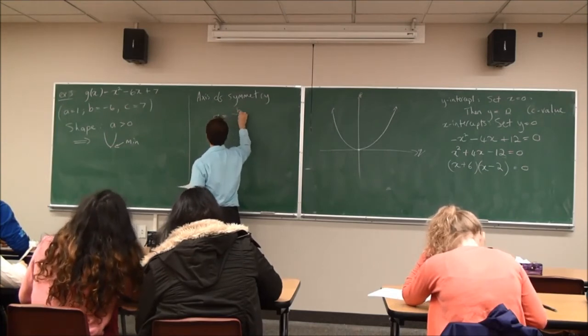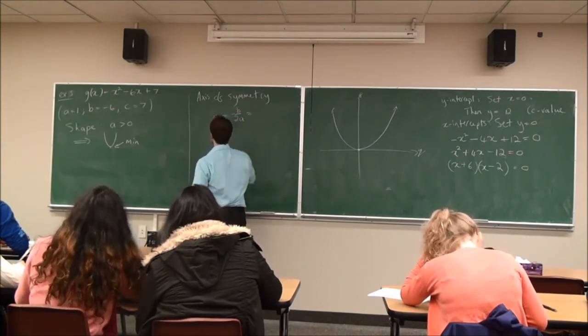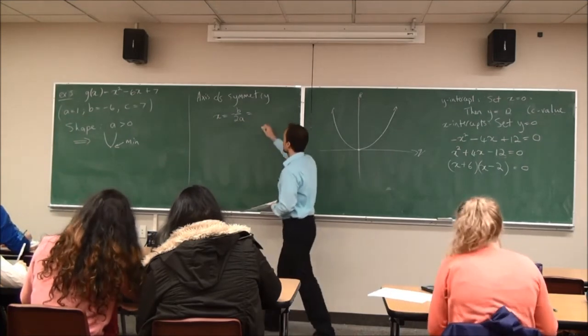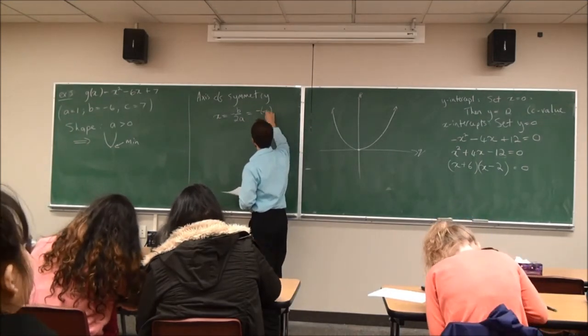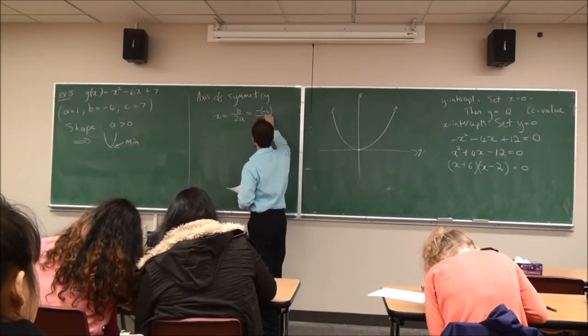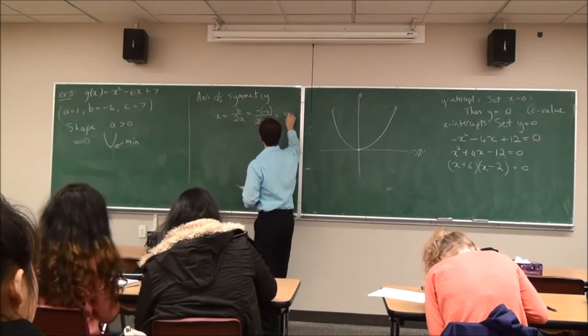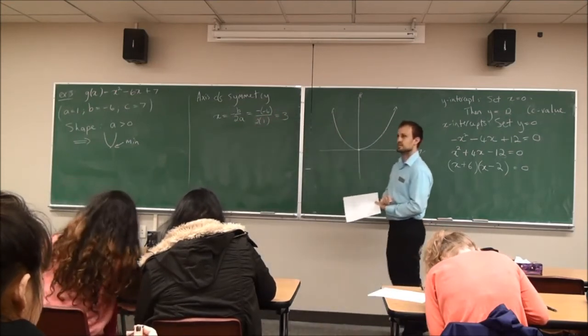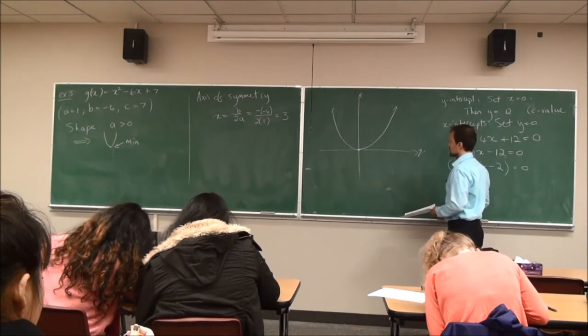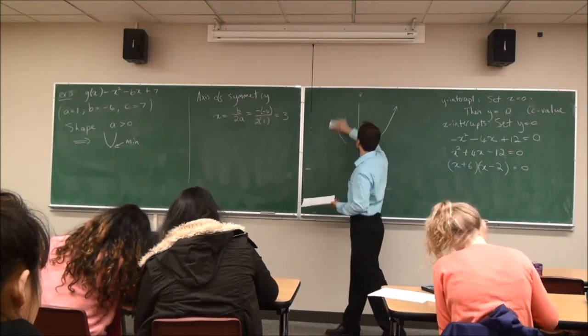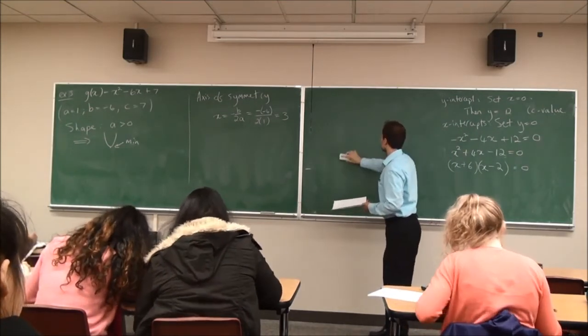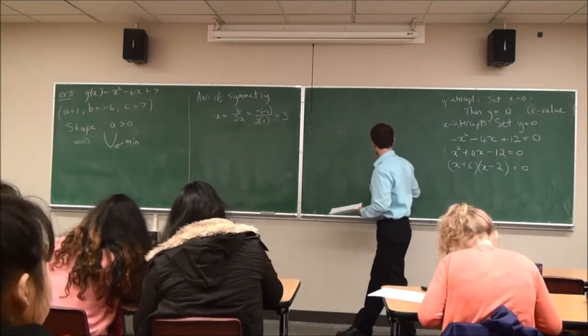What's the formula? Then I plug everything in. I get negative 6 over 2 times 1. Looks like it's 3. The one thing I have to remember, negative b over 2a.